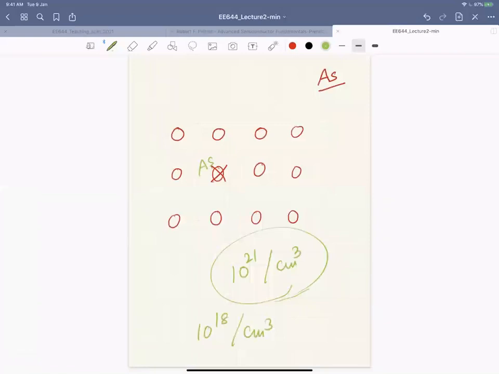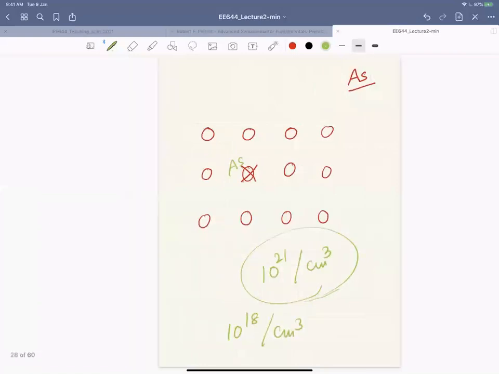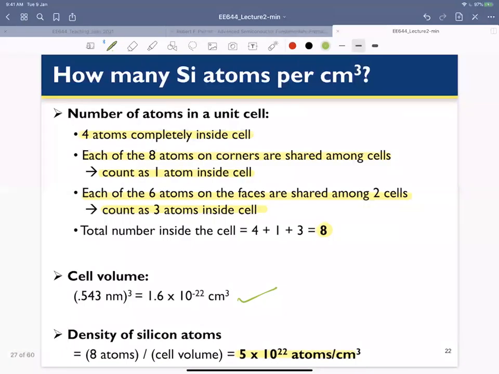That means that semiconductor cannot be very heavily doped, so the conductivity is limited; you cannot really change the conductivity by a large amount. So that's why density is very important here.